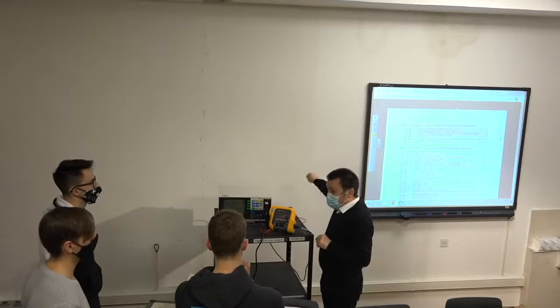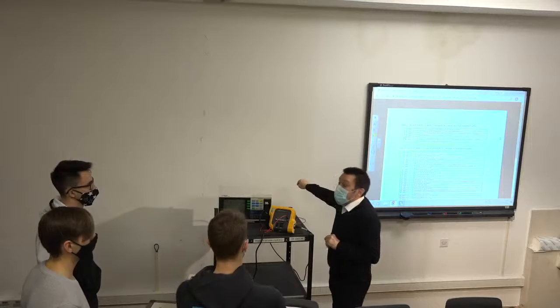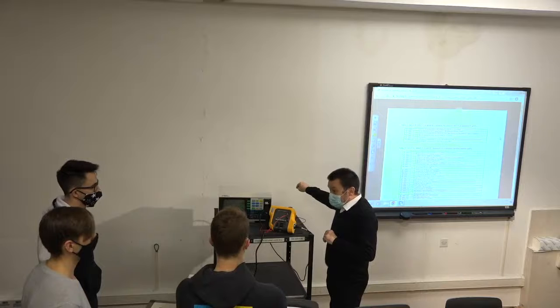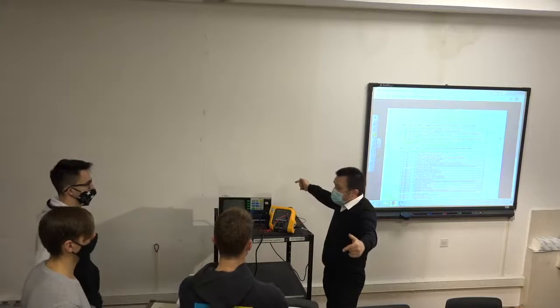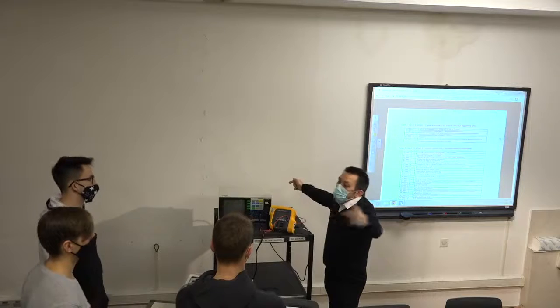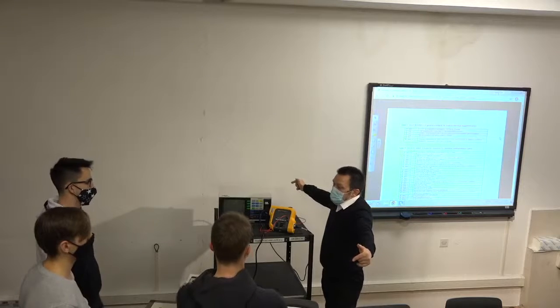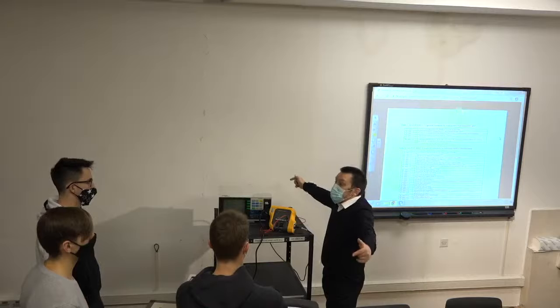But here where you live, in order to protect you, because on this path from the building where you live to the transformer, it may be several kilometers.